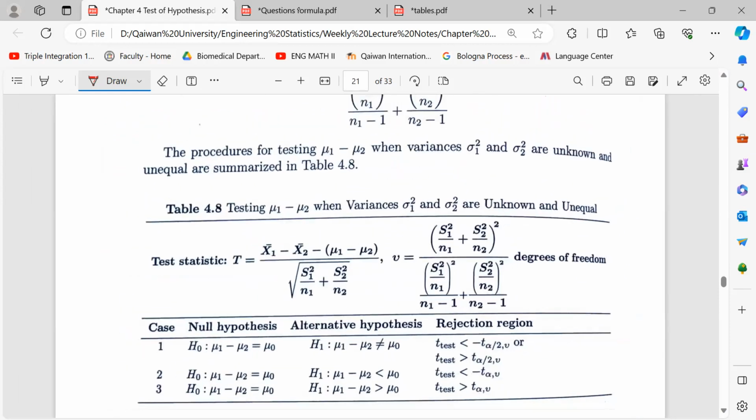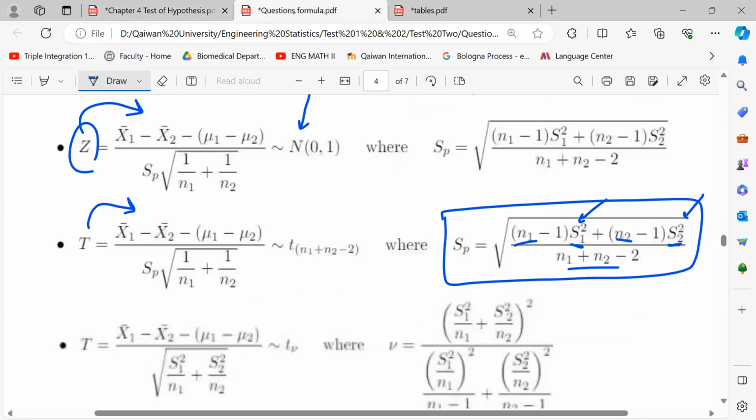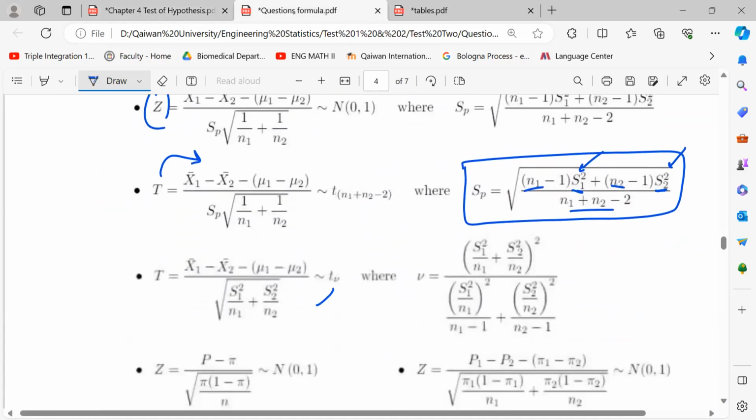This is the rule. The degree of freedom is changed. This is the degree of freedom. In the previous one, we said degree of freedom is n1 plus n2 minus 2. But here, this one is the degree of freedom. And it's given: it's T of alpha and V, where V is this one.